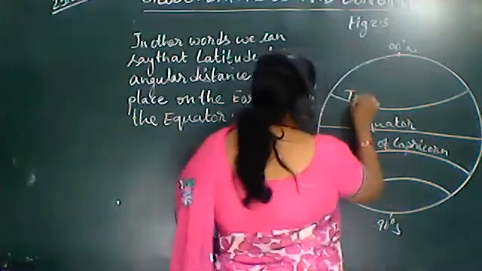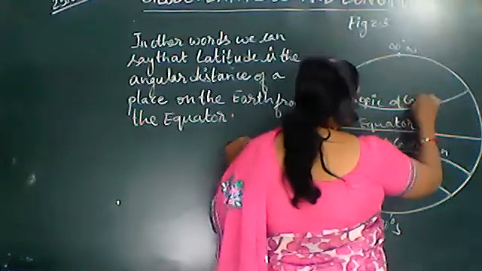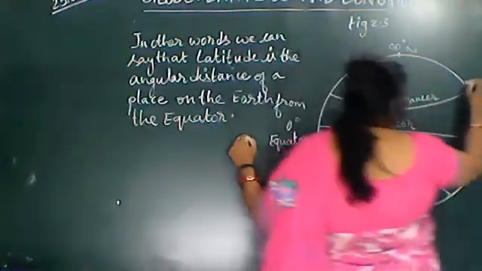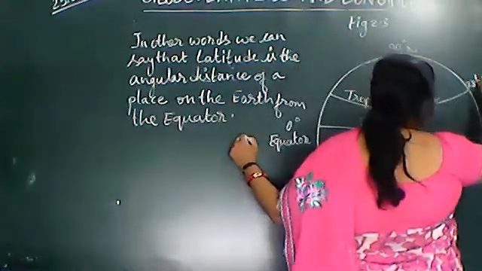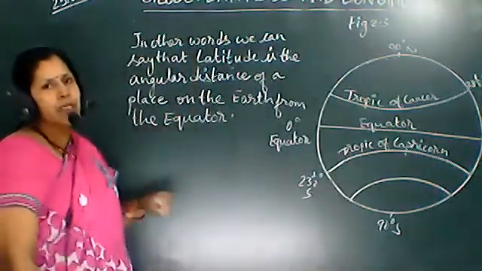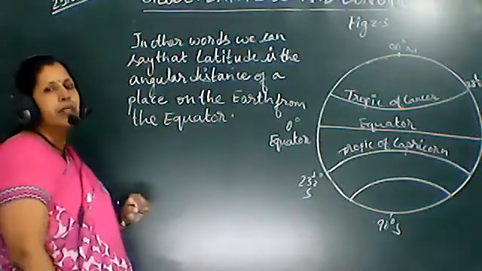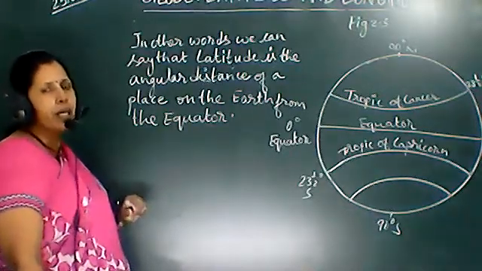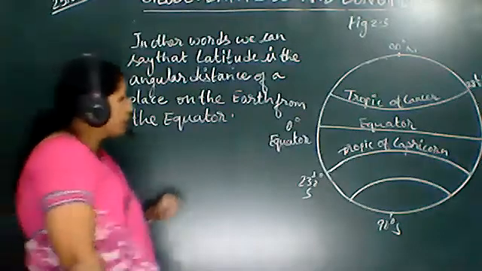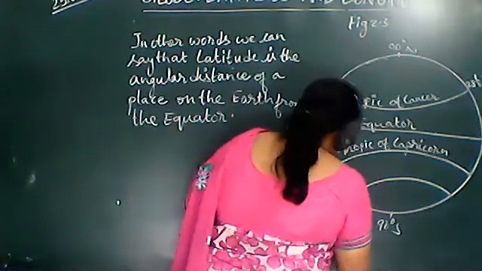And in the northern hemisphere, you have the Tropic of Cancer, 23.5 degree north. These diagrams, these figures are very important. Without understanding these figures, you will not be able to understand what are latitudes and what are longitudes. So you must have a proper understanding of these diagrams.